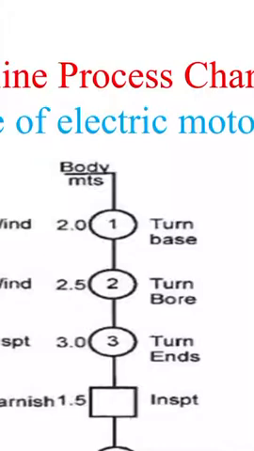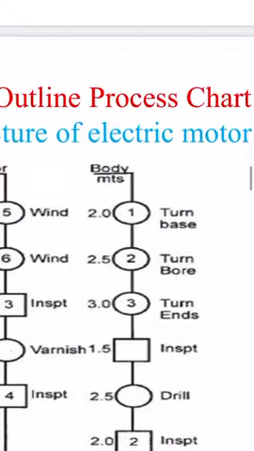Then the second activity is what? Turn bore, that is, turning a bore. It is another activity written on the right-hand side, and the time required to complete this activity is 2.5. Then the third one is what? Turn ends. The turning of ends is your third activity. In this case, on the left-hand side it is written that the time required to complete this activity is equal to 3. Now the fourth activity is what?